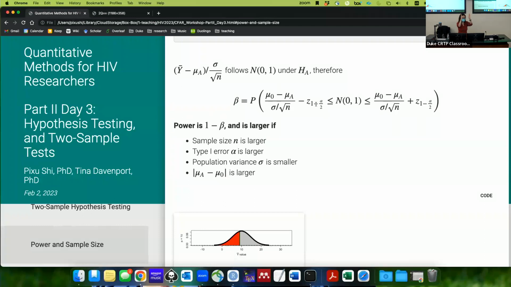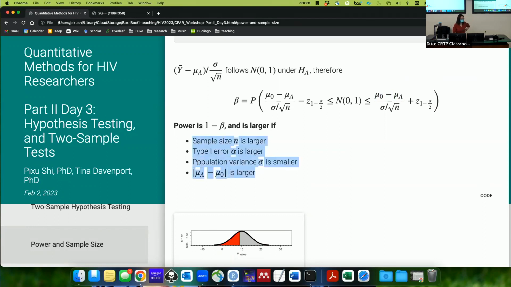So you will also have a smaller area under the bell curve, and this beta will be smaller. You will have a larger power. The population variance works in the opposite way of the sample size, so I'm not going to repeat it. And for this thing, if the absolute value is larger, you will also move to the more extreme part of the bell curve and calculate the area under the curve.